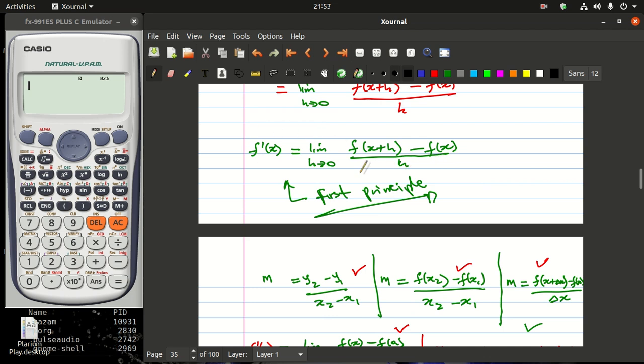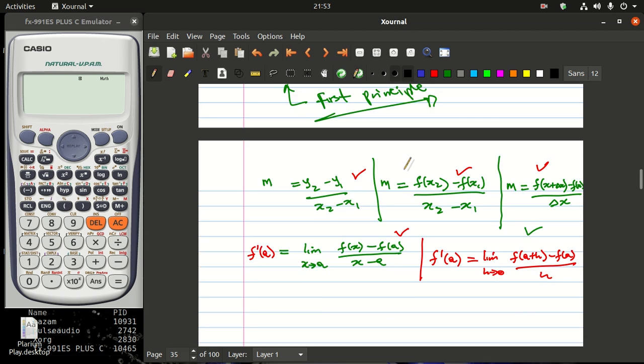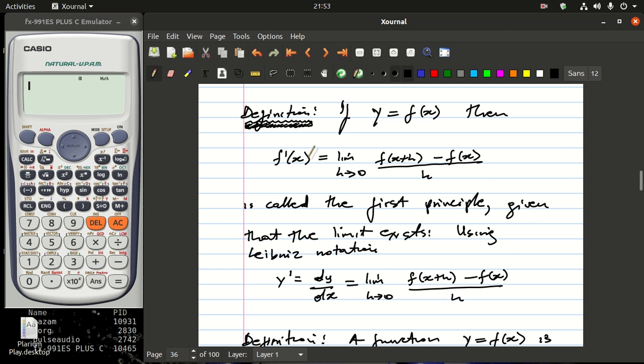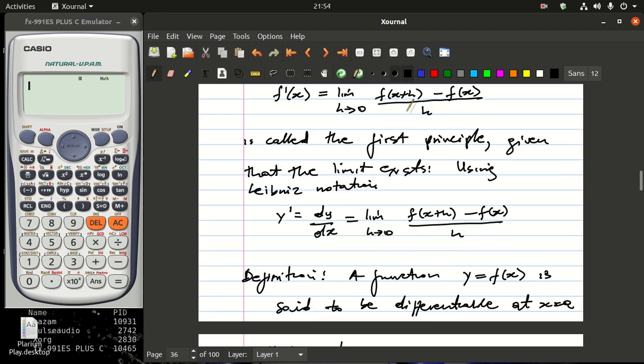So these are the derivatives of the original function. When I say f prime of x, the derivative of f of x, I am saying it is coming from that particular function, and I am referring to the first principle, right?